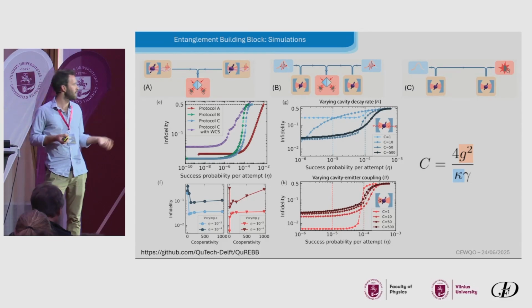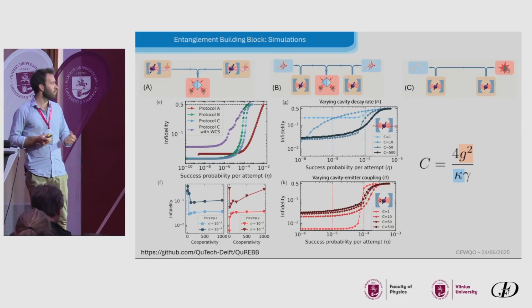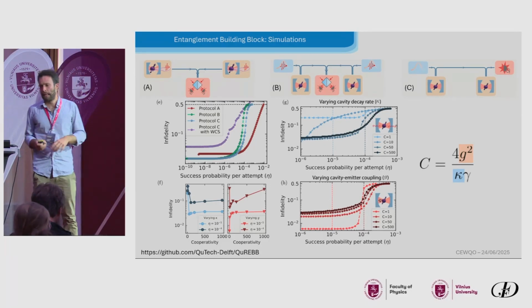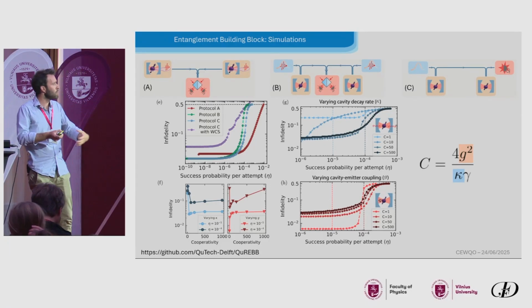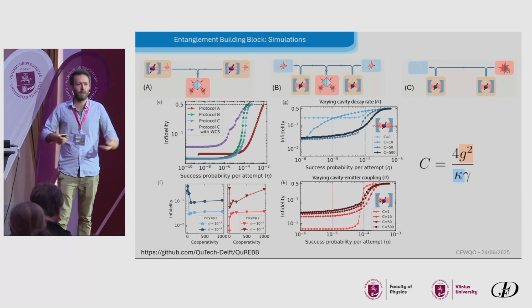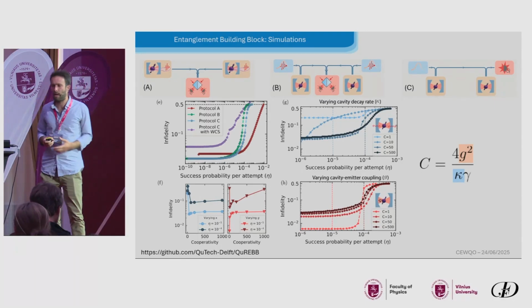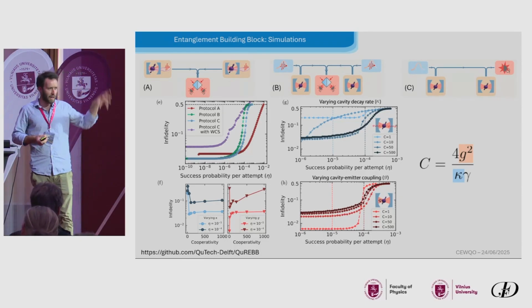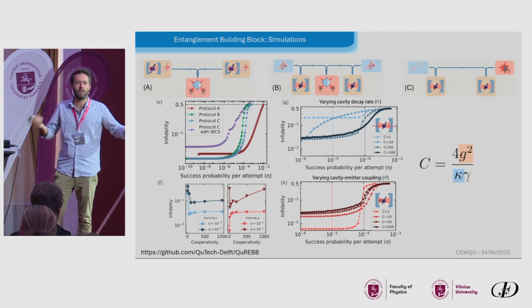For example, we noticed that it doesn't make a lot of sense to boost the cavity cooperativity too much because at some point it saturates, and so on. This shows you how this framework can be used if you have a system and you want to explore different applications. Now, we have done it with one specific case, but in principle, all of this framework is independent of the hardware, and you could apply it for whatever you want.